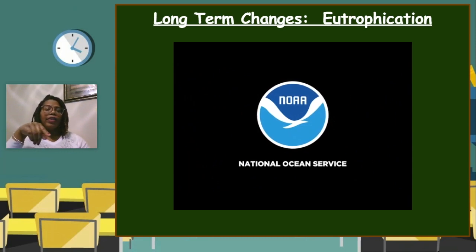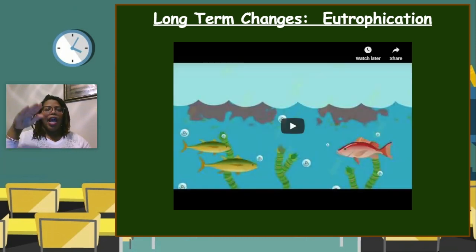So that was a quick video about eutrophication. And what you'll notice is it's a process. Okay, it's kind of a step-by-step process. You get nutrients in the water, algae loves it, algae starts to grow. As the algae grows, it blocks the sunlight. The plants that are under the water can't get enough sunlight for photosynthesis, which means they can't produce as much oxygen for the underwater animals that need to dissolve oxygen in the water.